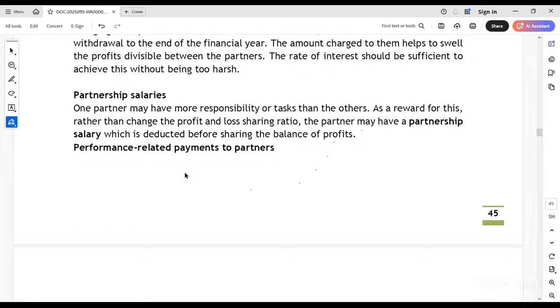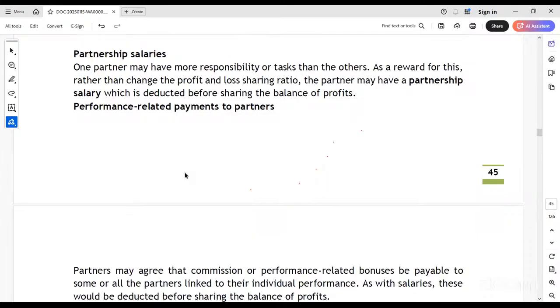Now, partnership salaries. When it comes to partnership salaries, one partner may have more responsibility or assets than others.